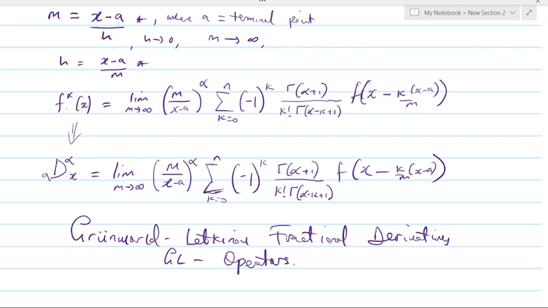So in our next class we will see how to extend this formula and actually make use of it to find the fractional derivative of some certain functions.